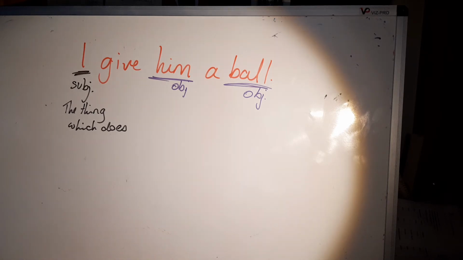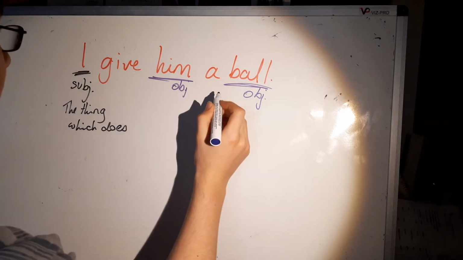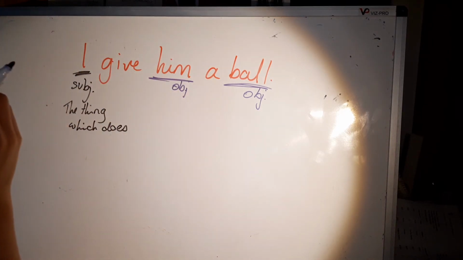So if I said the cat eats the fish, then you would have a case where the fish is the thing which is acted upon, and so it's the object. However, there is a difference between two types of object, and we will get on to that. First of all, we have the direct object, and then we have an indirect object.